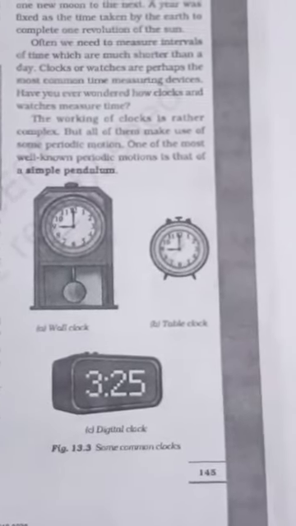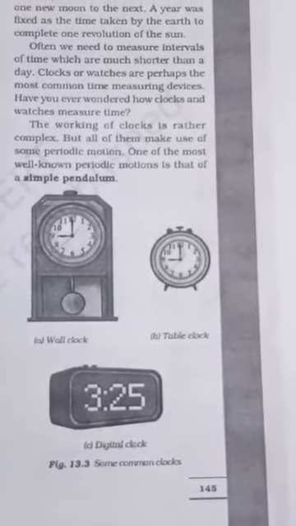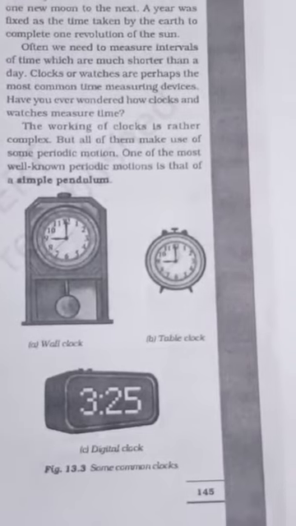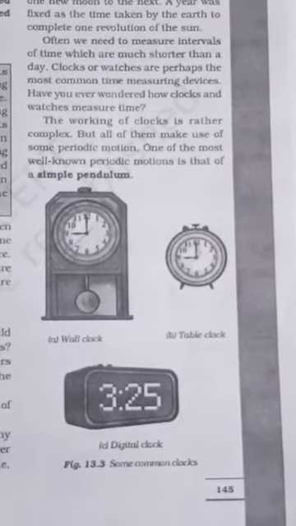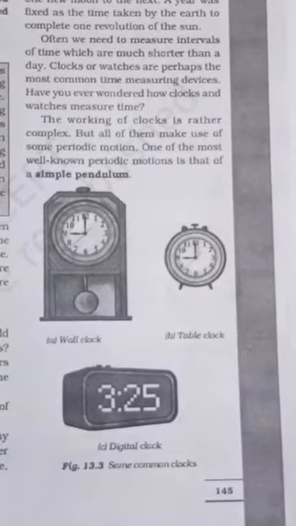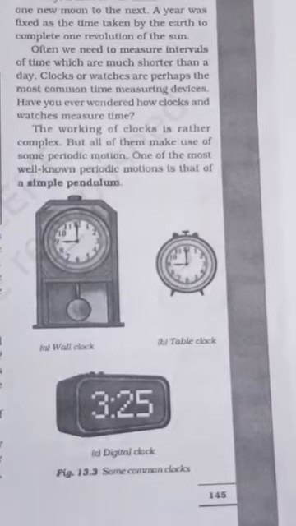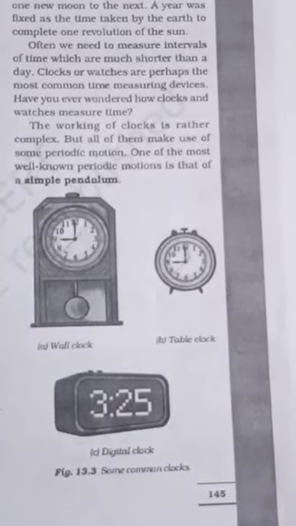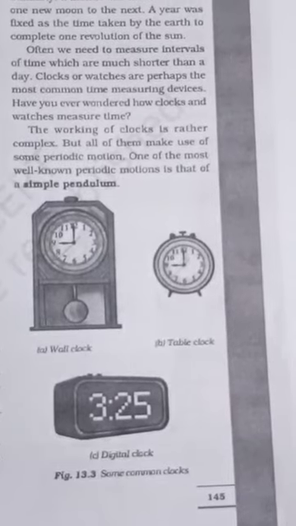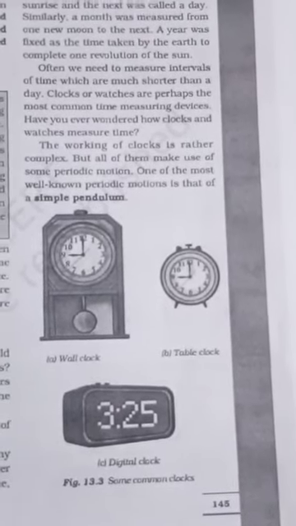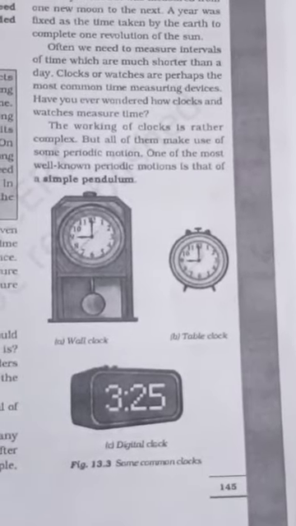By seeing those clocks, we manage all our day's activities. The working of clocks depends upon some periodic motion. One of the most well-known periodic motions is that of the simple pendulum.